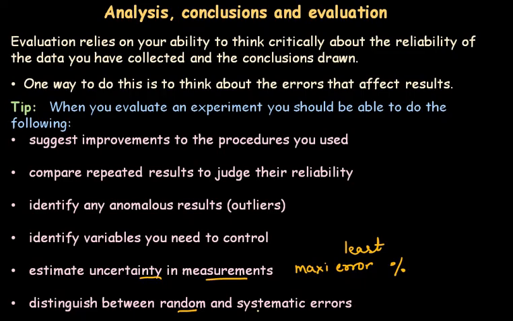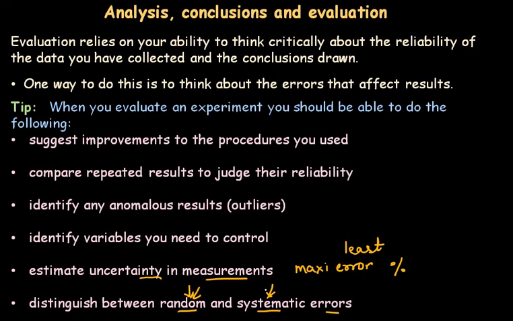Distinguish between random and systematic errors. Now what is random and systematic error? Random error is something which is not in our control, that is, while taking the readings, if we have missed some time or we have wrongly read the reading, then it's a random error. But systematic error is the one like in the enthalpy experiment, where there is heat loss to the environment.